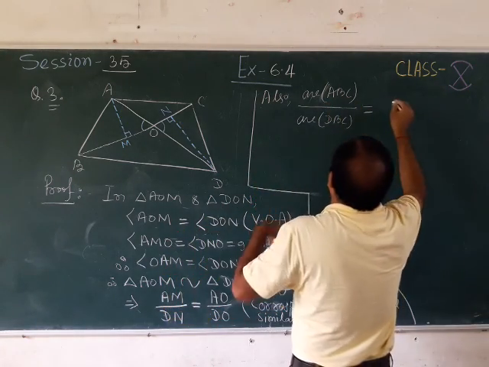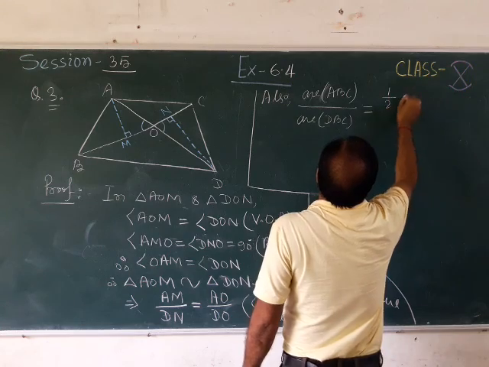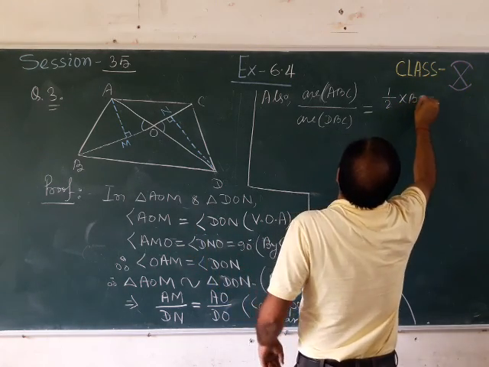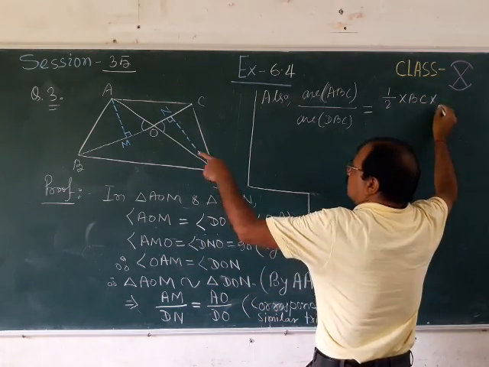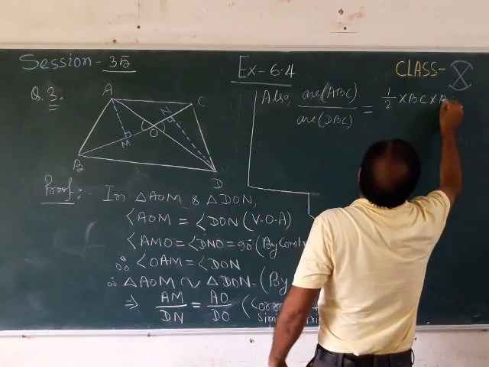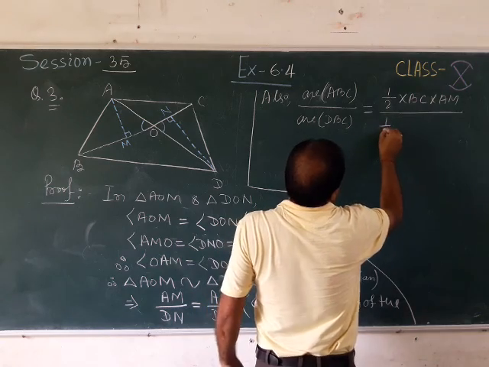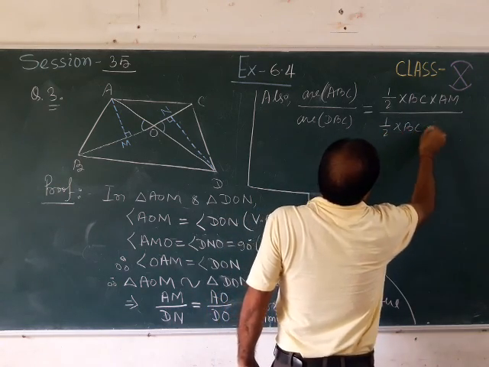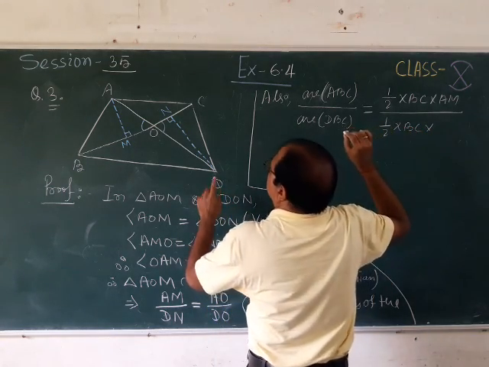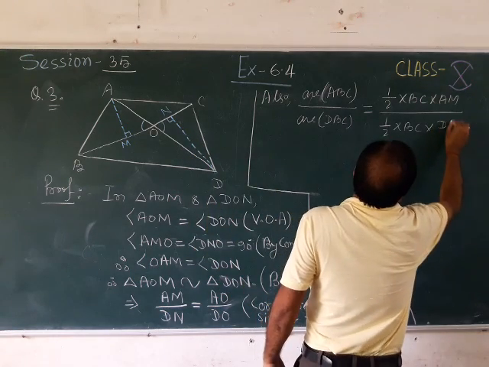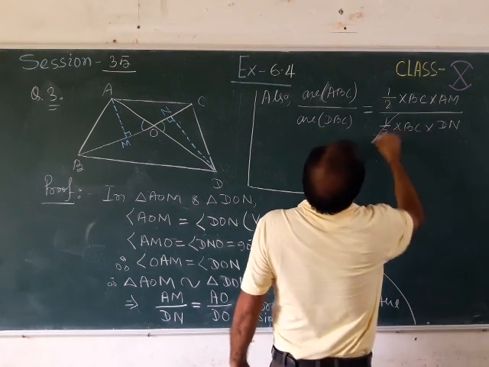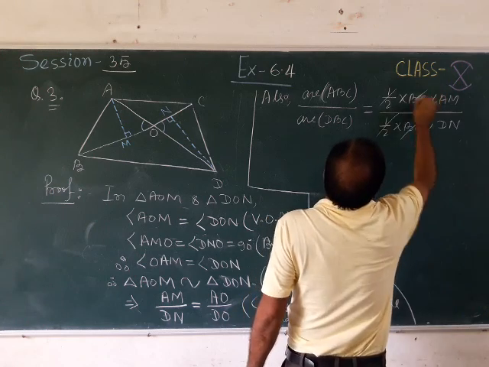As you know, the area of triangle ABC is half into base into height. The base is BC and the height is AM. And the area of DBC is half, the base is BC and the height is DN. So you can cancel the half and you can cancel BC.